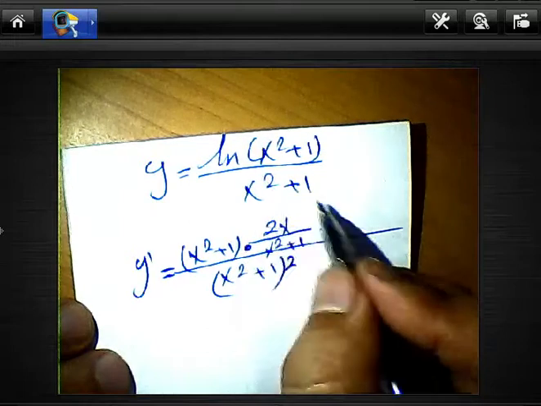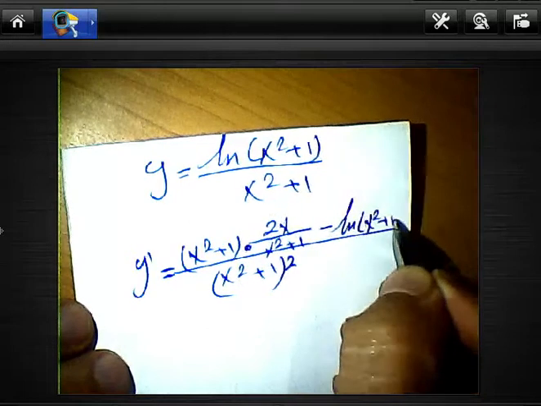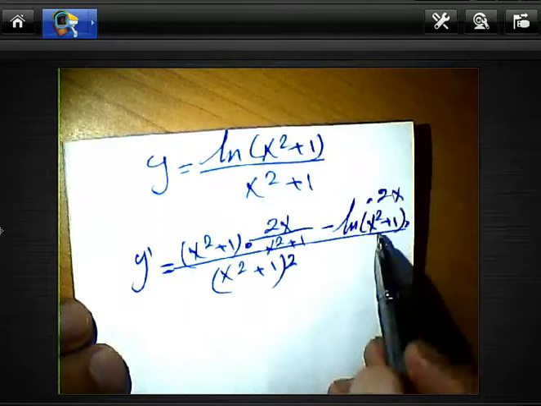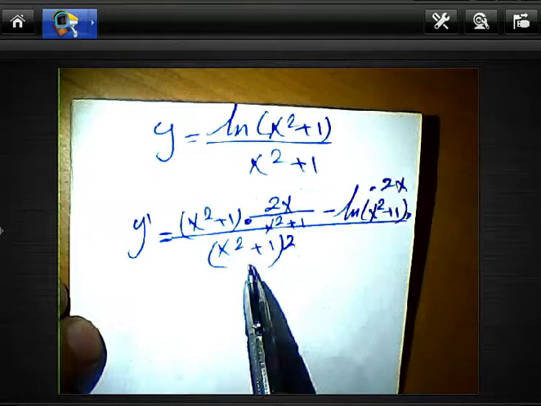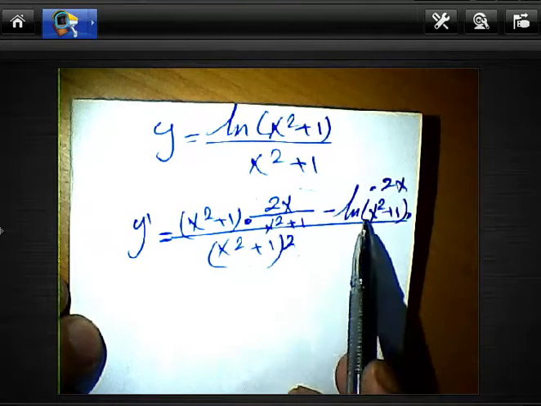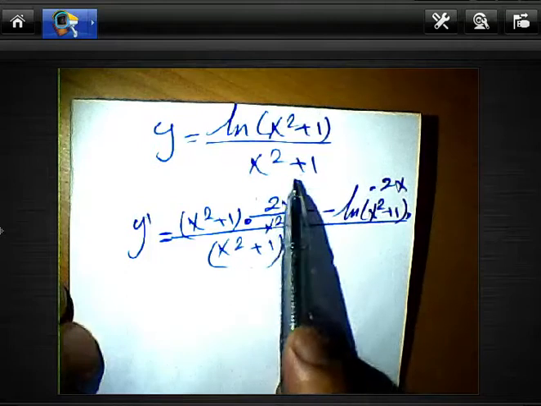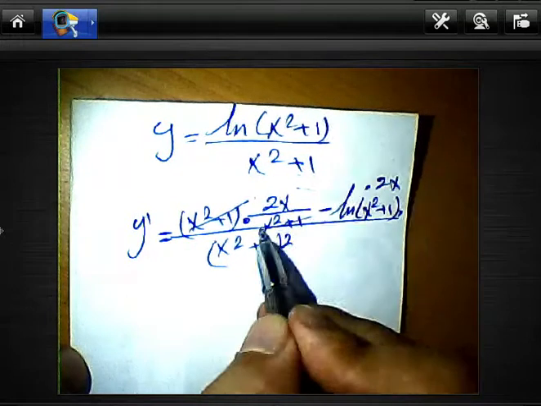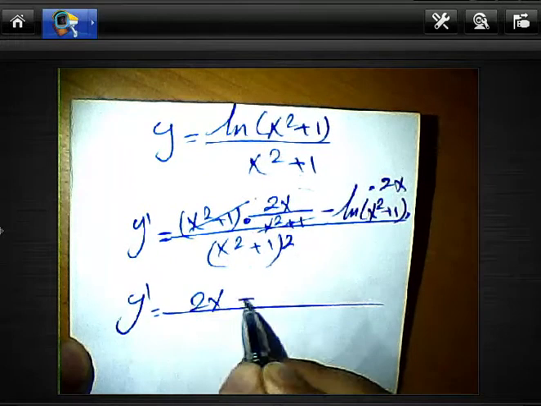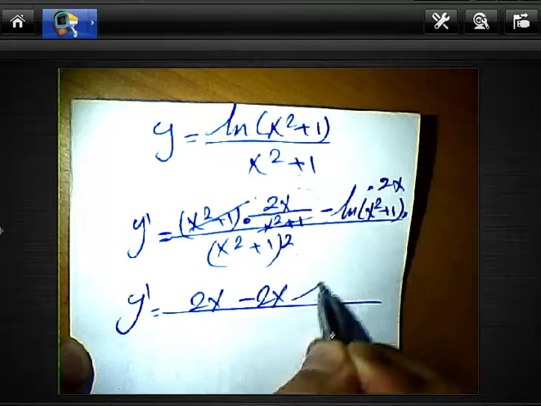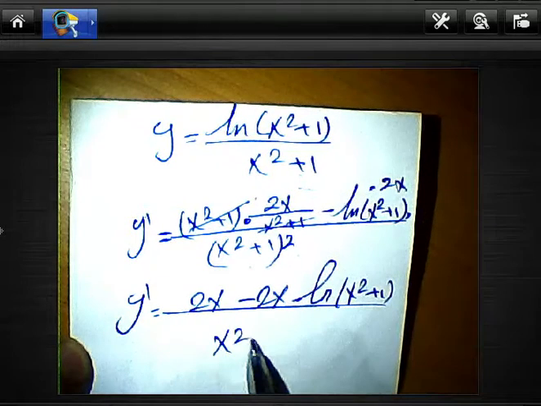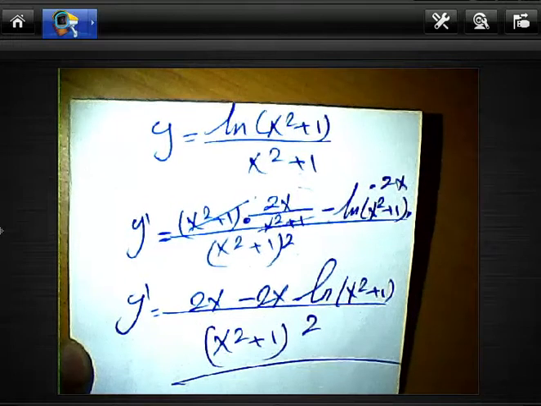Subtract this, ln of x power 2 plus 1, multiplied by the derivative of this function, which equals 2x. Again, denominator power 2, denominator multiplied by the derivative of the numerator, subtract the numerator right here multiplied by the derivative of the denominator, and we can simplify it, cancel this expression with this expression. So y dash equal 2x subtract 2x multiplied by ln of x power 2 plus 1 over (x power 2 plus 1) all power 2.